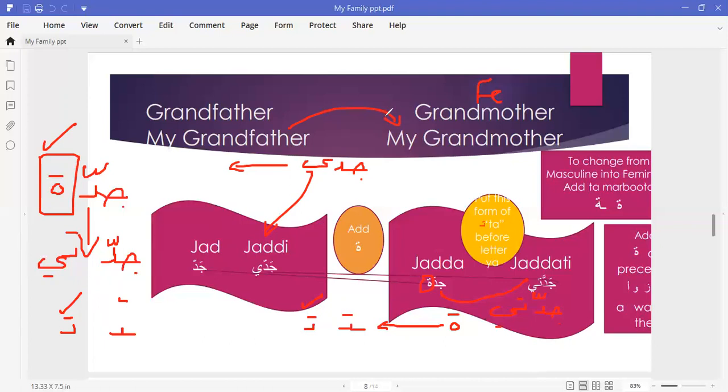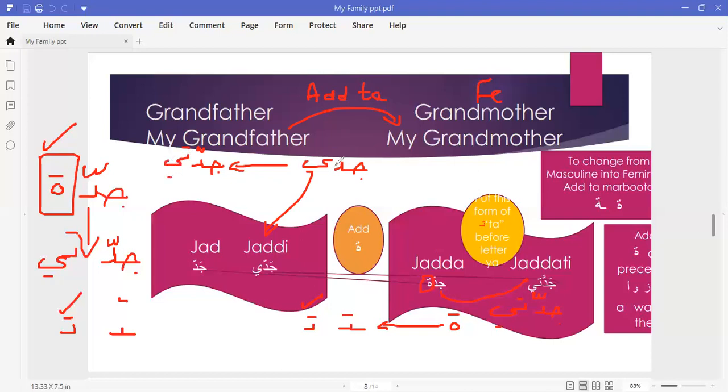I have to add ta, but not ta marbuta. Excellent. Why not ta marbuta? Because we have ya, which has to be added. Just add ta in the middle, just add ta before the letter ya.